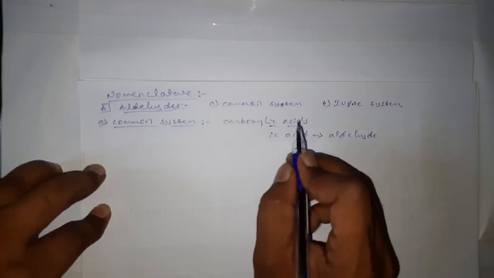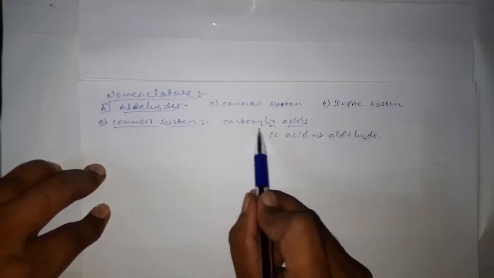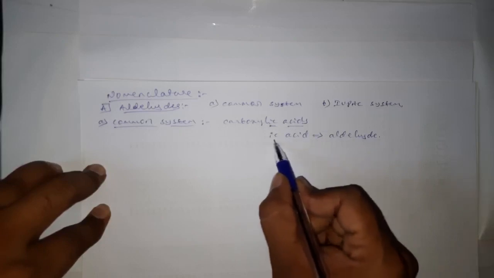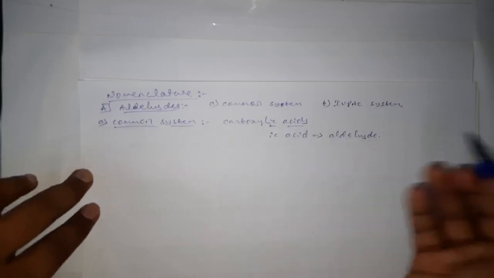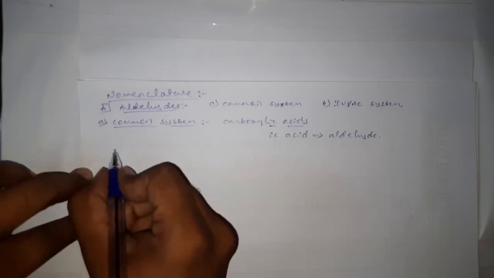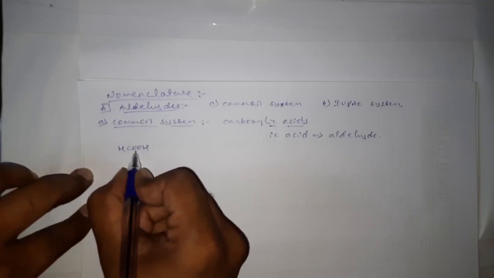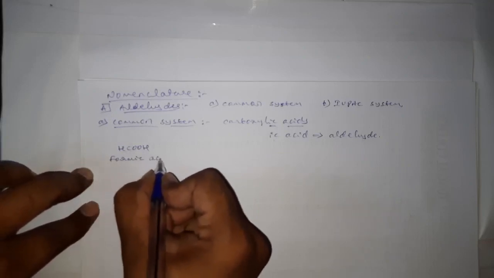See once again, the common names of aldehydes are derived from the common names of the corresponding carboxylic acids by replacing the ending -ic acid of a carboxylic acid with the suffix aldehyde. Take for example HCOOH. This is a carboxylic acid, and its name is formic acid.